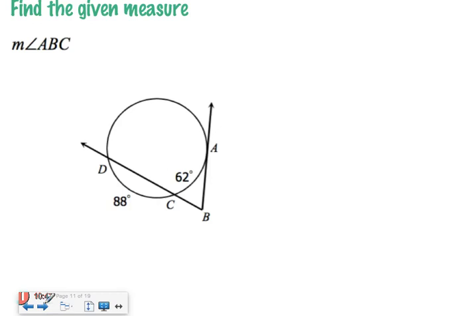I'm looking for angle ABC. The only problem is we don't know what this arc is. Can we find it though? How would I find it? Yep, 360 minus 62 minus 88. Because I'm looking for this, I have to have this arc.